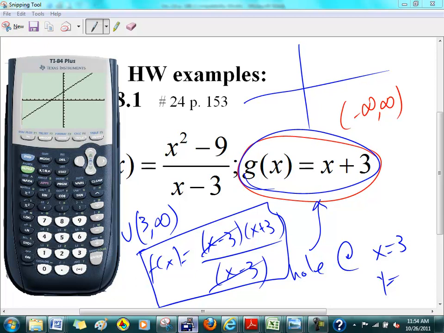Because your equation actually turns out to be like this, doesn't it? After you simplify. So if x is 3, then y has got to be 6. So your hole is at 3, 6. Because your simplified equation is this, right? You can see right there. So if you put 3 in there, you get a 6. Okay? So your hole is at 3, 6.